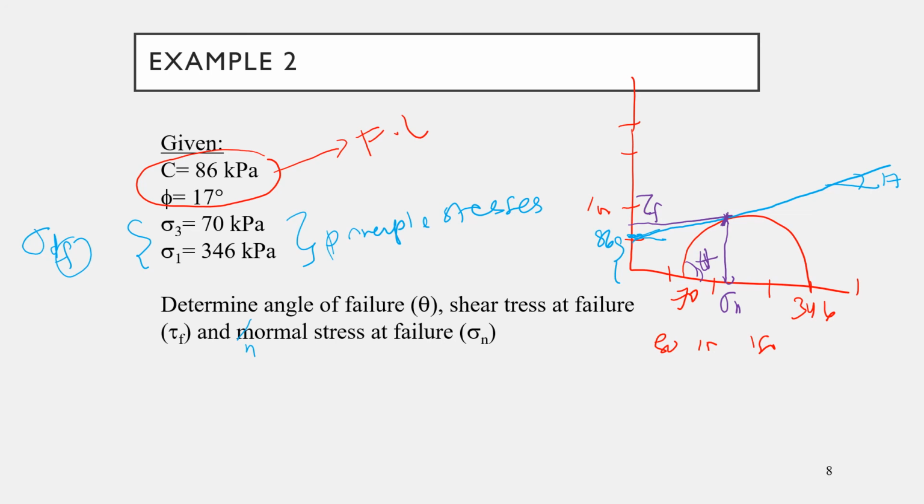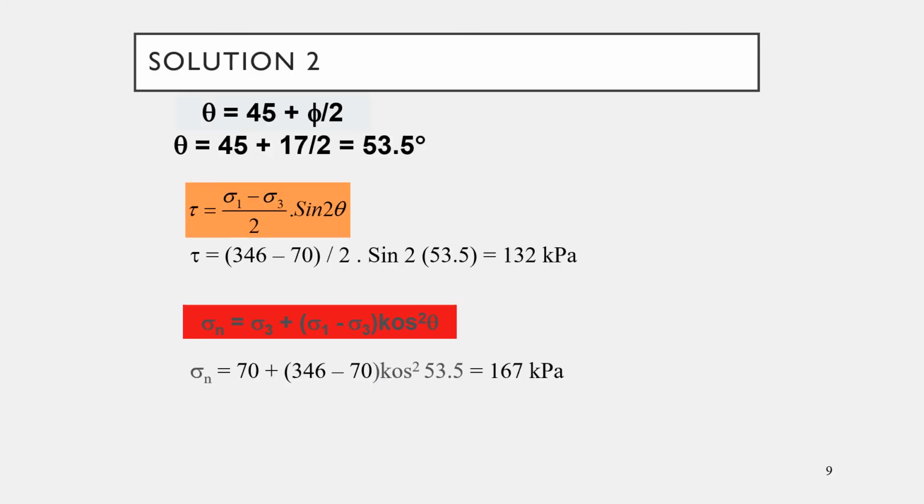But if you choose to solve it by analytical equations, it's the same thing. You can choose from the list of equations that I showed you in the first slide and solve it. For example, find theta first before you calculate the shear stress at failure and normal stress at failure, because those two equations need the angle of failure. The friction angle is already given.